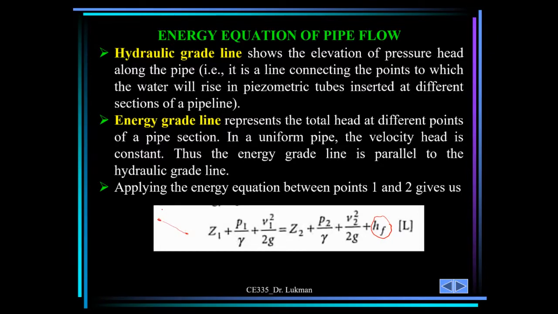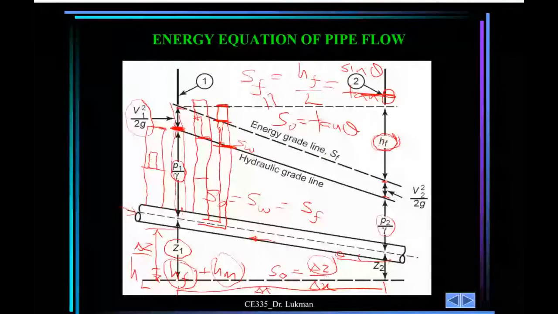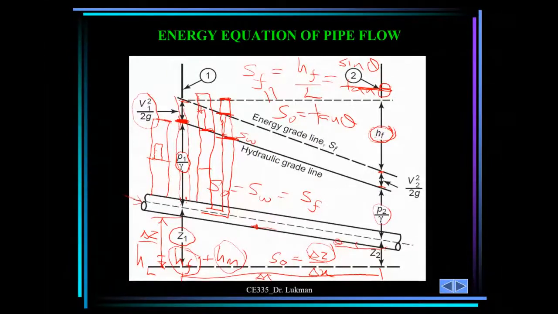There is definitely head loss, and it is mainly due to friction, HF. That is why from point 1 to point 2 you have HF. This makes the total head the same if you incorporate elevation head, pressure head, velocity head, and the head loss. So you will always have a horizontal line in this case, which is the total head.